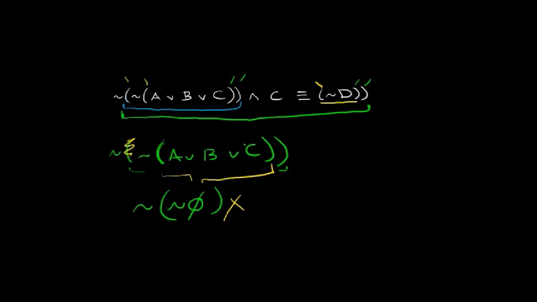So we could just remove these outer brackets and just have not A or B or C. Now, hopefully, you've already picked up that this A or B or C is also not well formed.